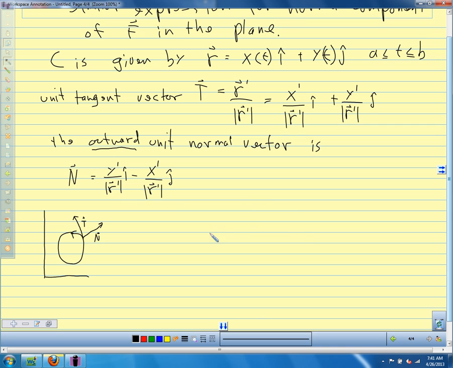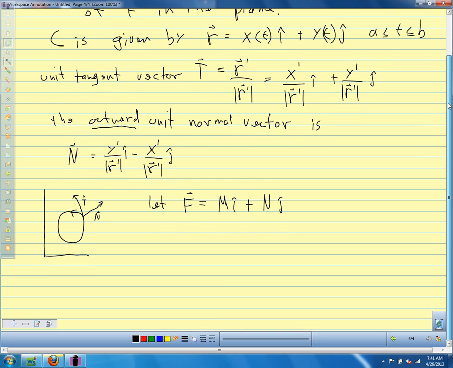All right, and we're going to let our field f equal m i plus n j again. And we're going to form the dot product. We're going to find the line integral around C of f dot n. So we're going to sum the normal component of f around this curve.